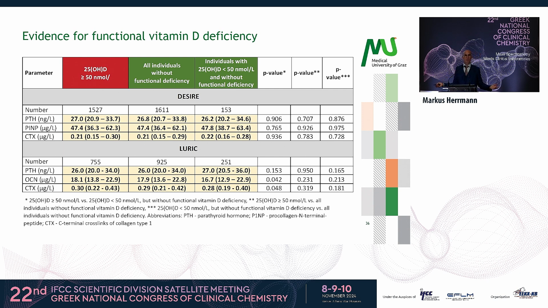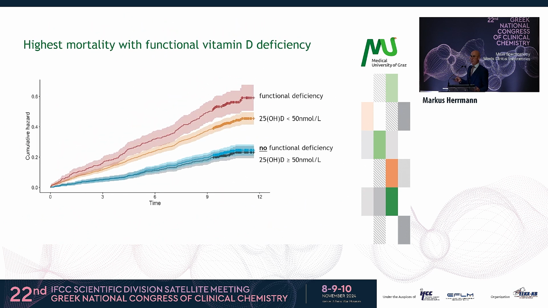Now you can say, okay, that's all nice, but this is a laboratory phenomenon. So therefore we wanted to ask if this has any relevance for the patient's outcome. And therefore we analyzed 10-year all-cause mortality in the LURIC cohort. Now, in individuals with no vitamin D deficiency, all-cause mortality was 18%, regardless of the approach used.